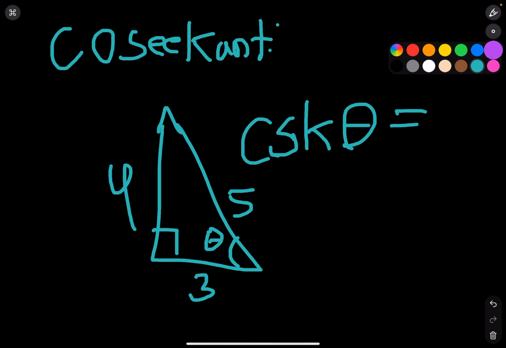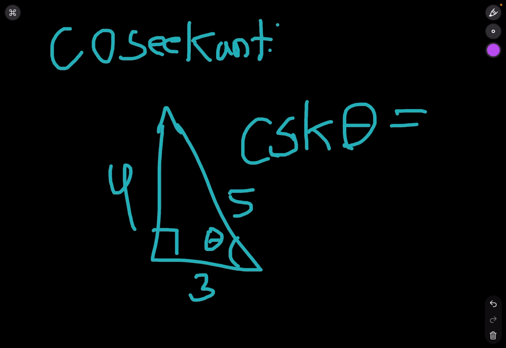So let's talk about what cosecant is. Cosecant, if you notice, has secant and then cosine. So we know that cosine is adjacent over hypotenuse. Now this is just 1 over cos. That means this equals the reciprocal of cosine.